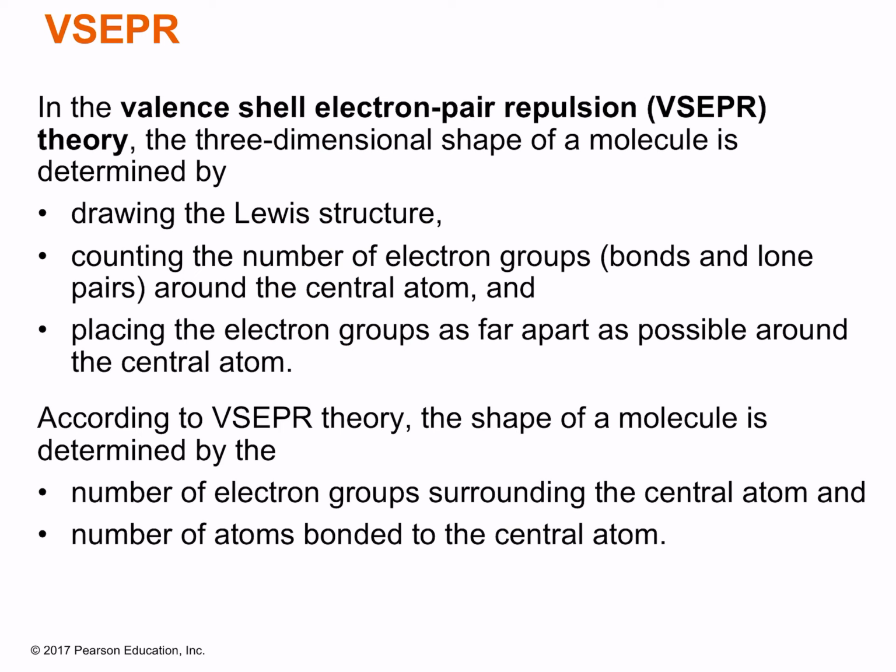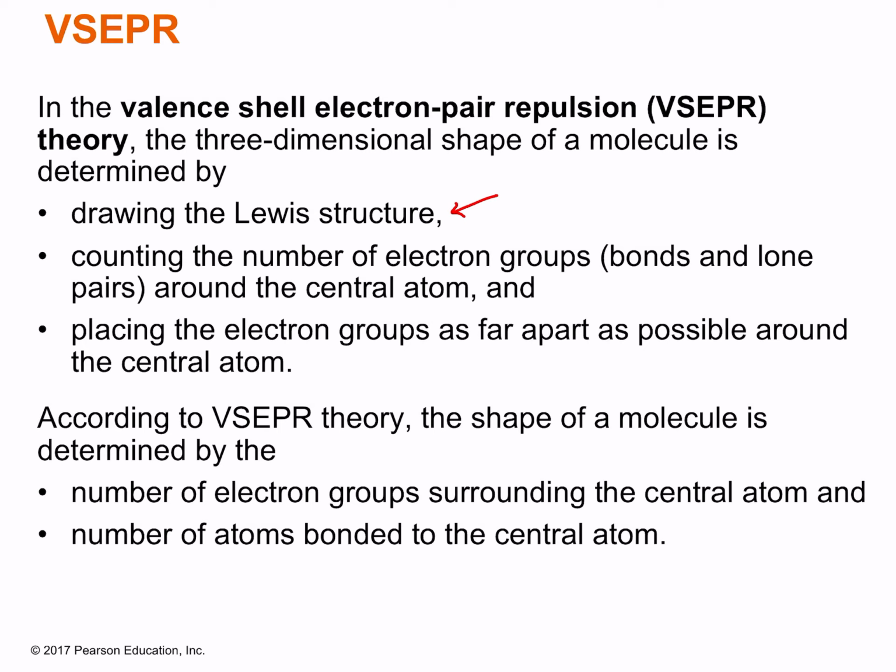So rather than lying flat on the page, the electrons spread out, and when they spread out like that, they make three-dimensional shapes. We have names for these shapes, and the way we figure out what the shape is, is we draw the Lewis structure. That is always step one. Like I was saying earlier, if you can't draw the correct Lewis structure, none of this is going to be right.